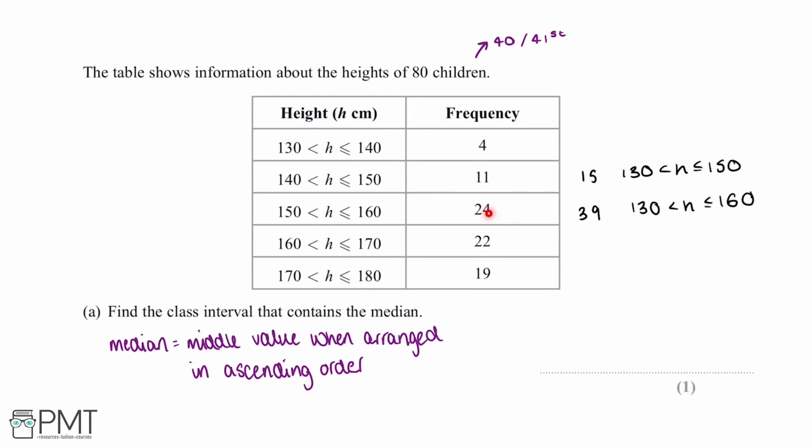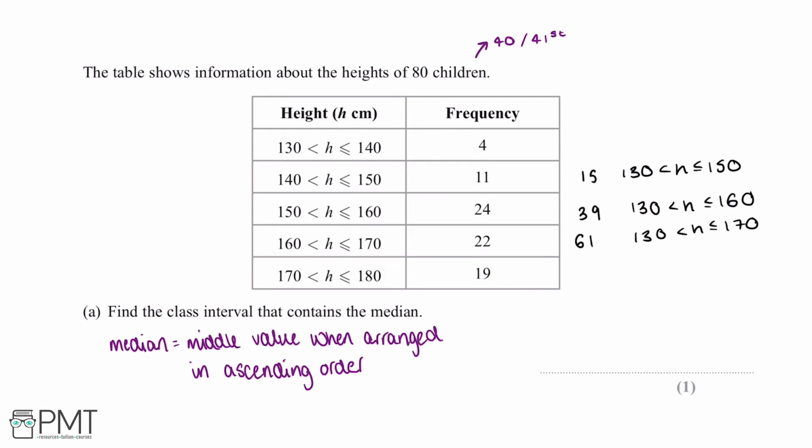And then if there are 22 people between 160 and 170 centimetres, and 39 between 130 and 160 centimetres, then this means there will be 61 between 130 and 170 centimetres. So now if we take a look at these values, this means when arranged in height order, the 39th child up until the 61st child will be between 160 and 170 centimetres.